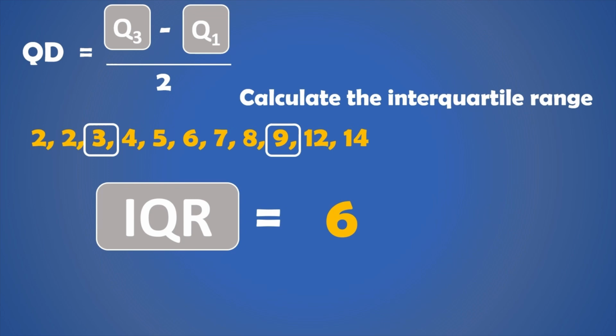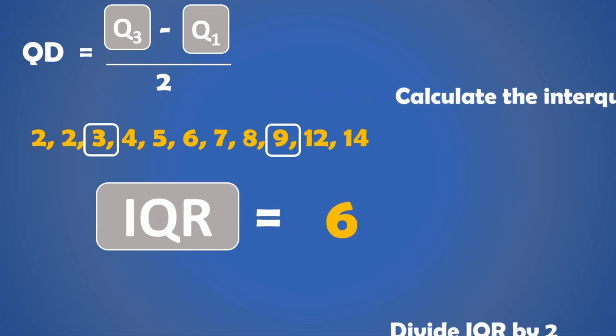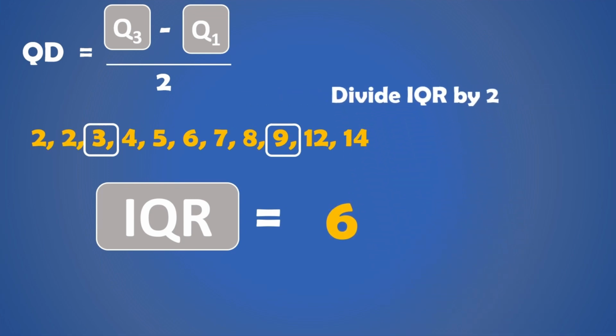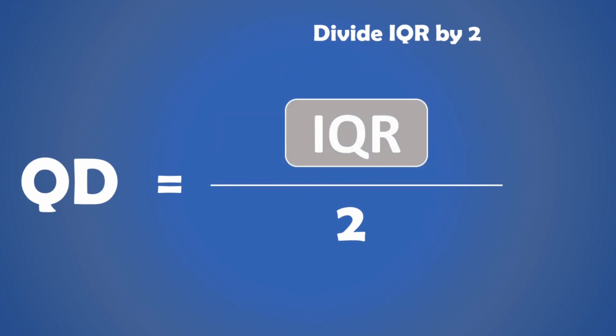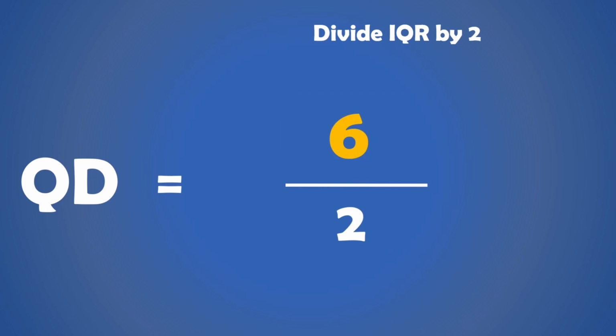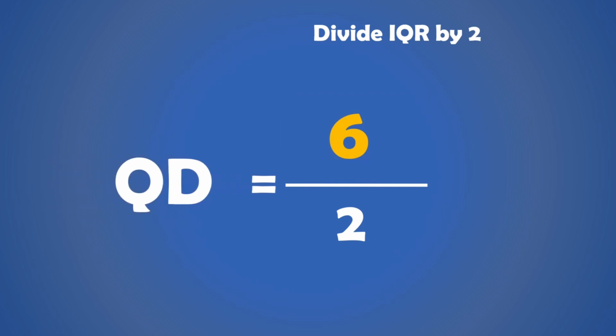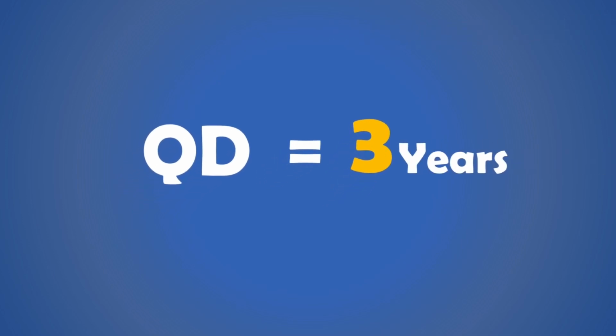Awesome. Now let's quickly go on to the last step, which is to compute the semi-interquartile range or the quartile deviation. Remembering our formula, quartile deviation QD is equal to Q3 minus Q1 all over 2, or the interquartile range divided by 2. So our interquartile range is 6, divided by 2, and we'll have 3. So our quartile deviation is 3 years.